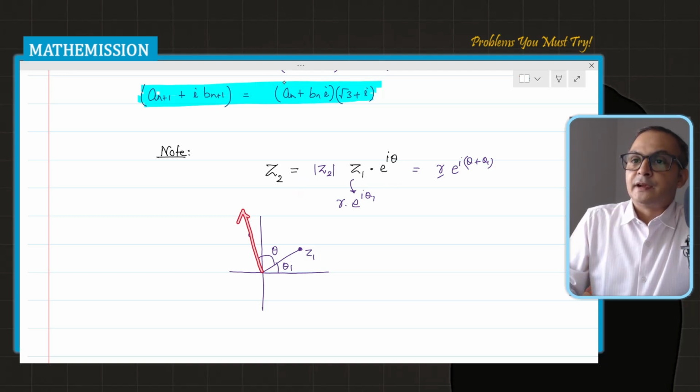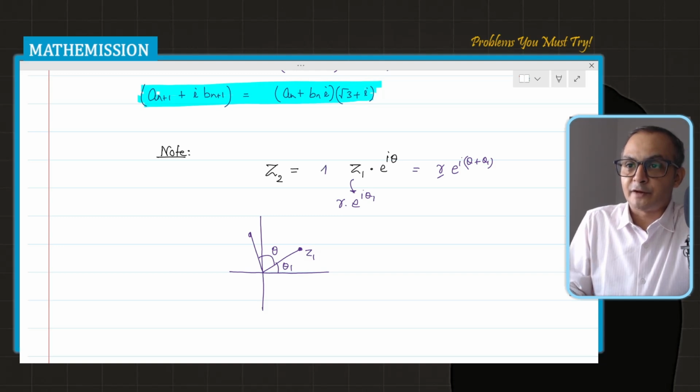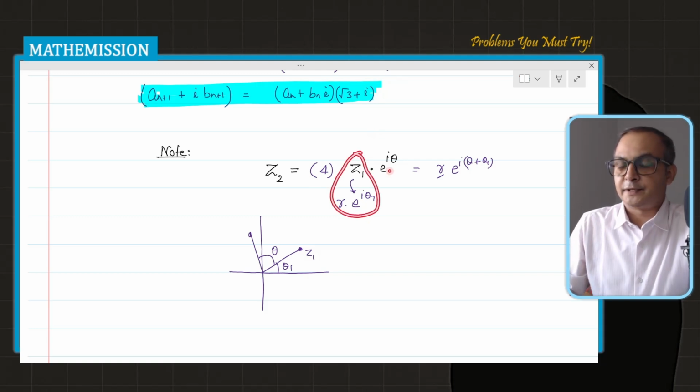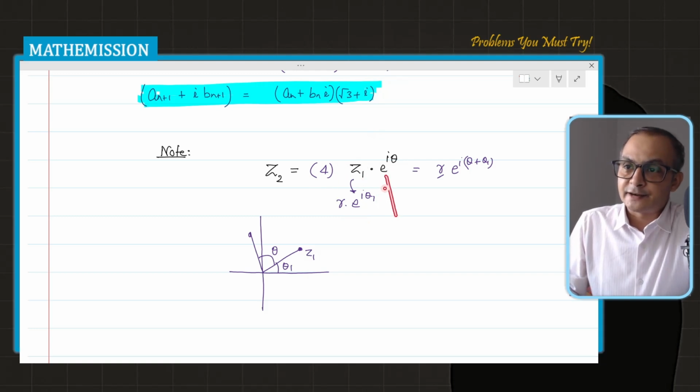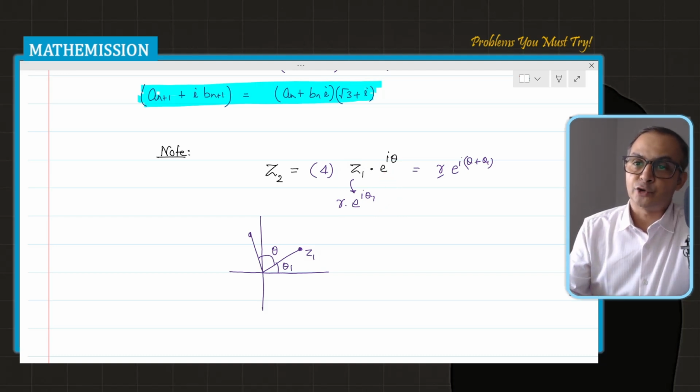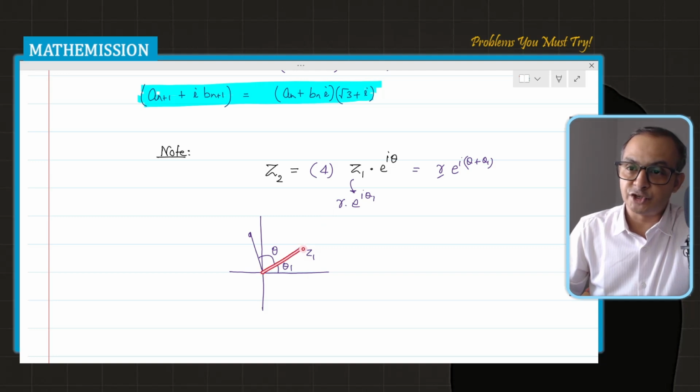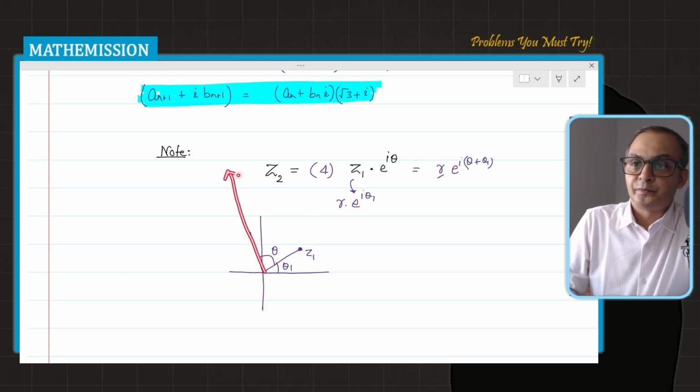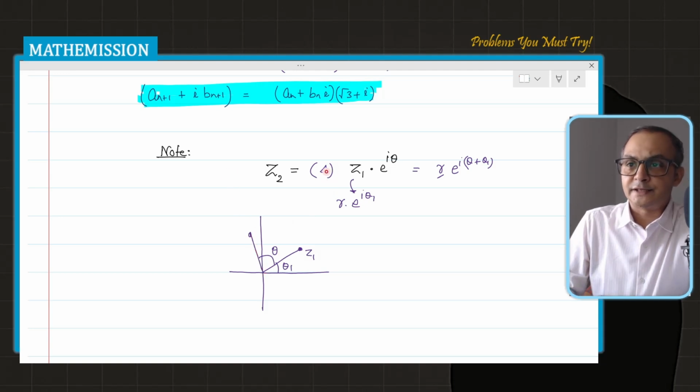Let me just take a different example. Suppose I multiply here by 4. So this is our original vector, or maybe the complex number. This is responsible to give the rotation theta units away from the original position, and this 4 is responsible to scale it 4 units longer, or if it is less than 1, it will scale it down.